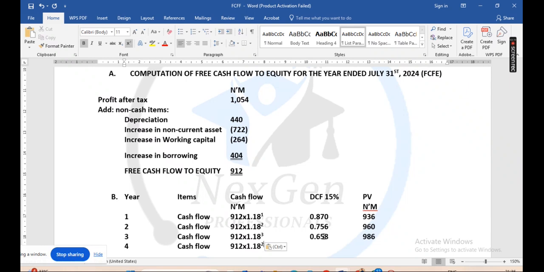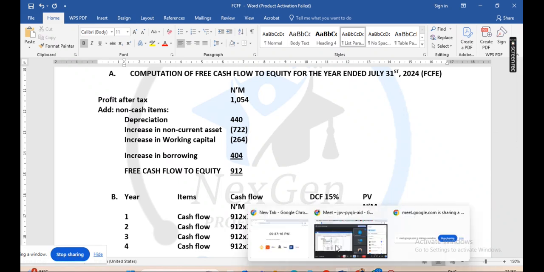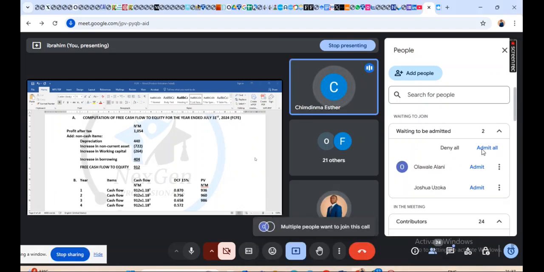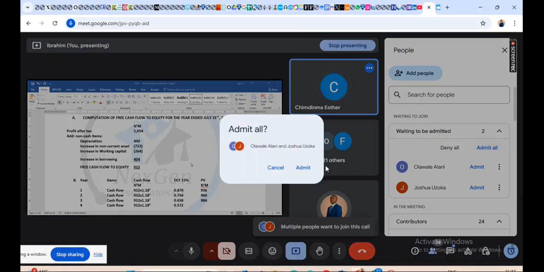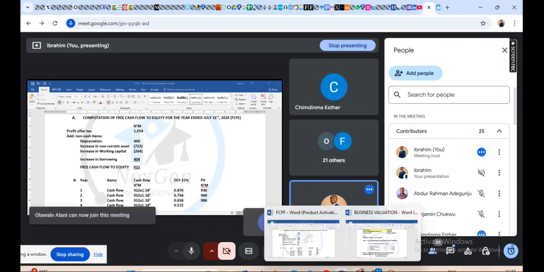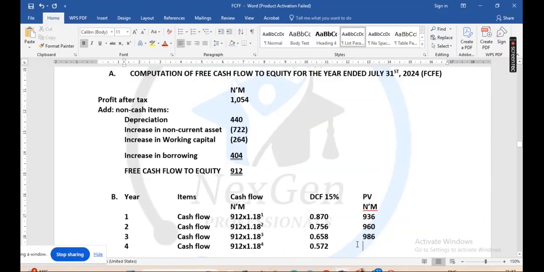What do you have here? 0.572. We have 1011.